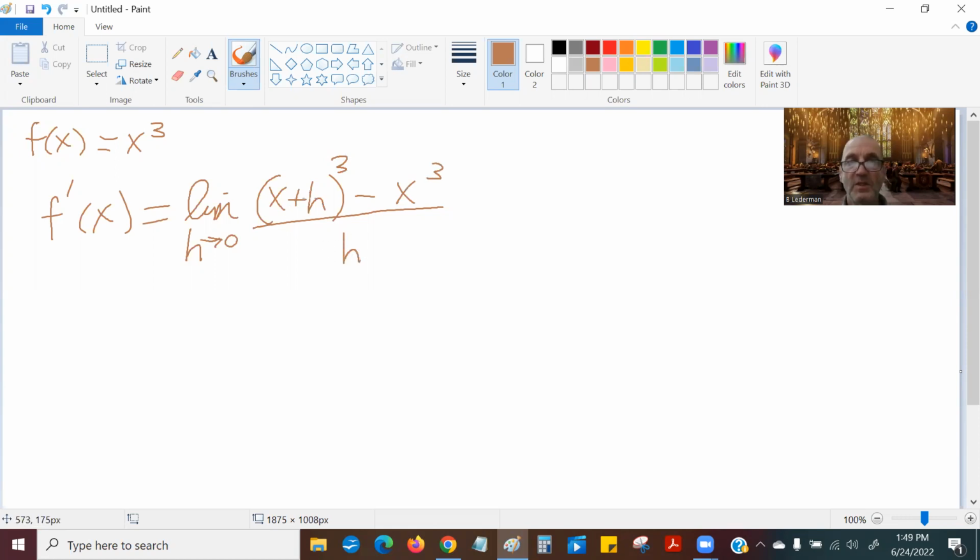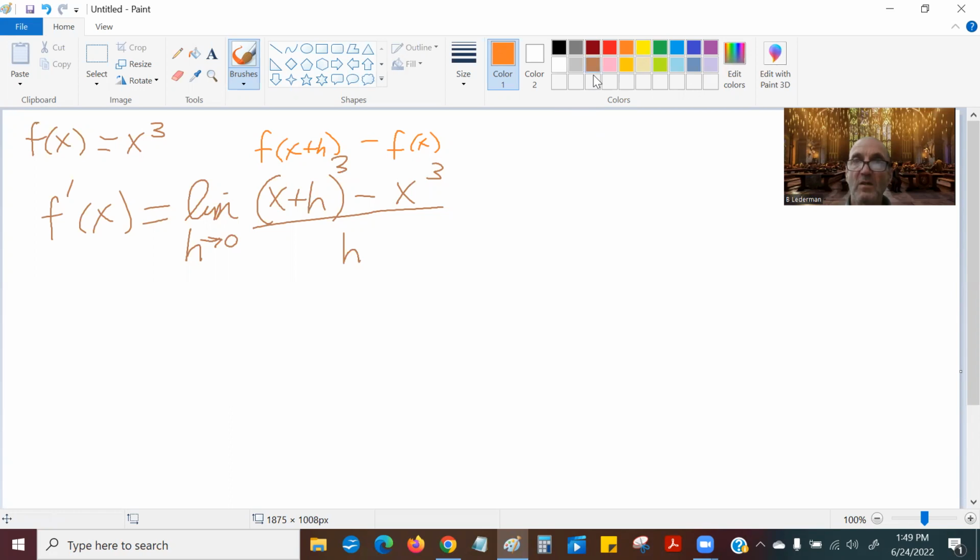Now, where did this x plus h to the third power come from? This is f of x plus h minus f of x, because f of x plus h is x plus h to the third power, and f of x is x to the third power.